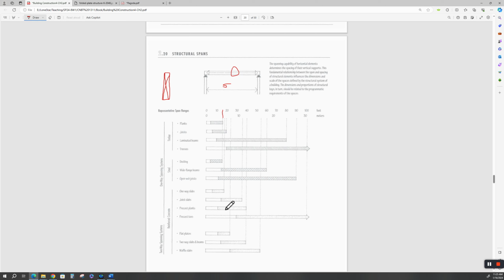Joist slabs, precast planks can have a longer span. Precast tees, those are your structural tees.